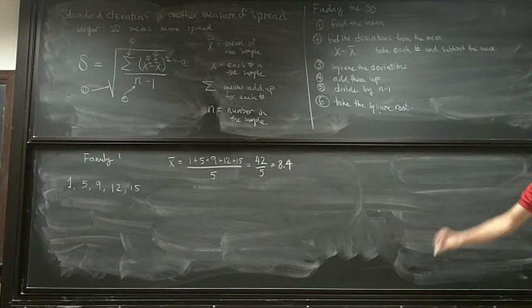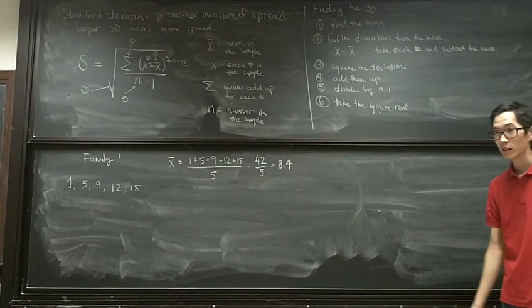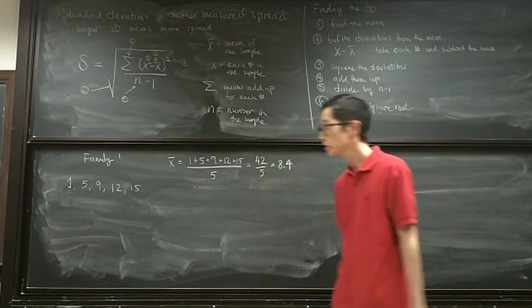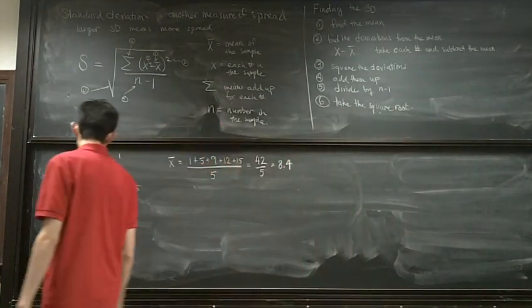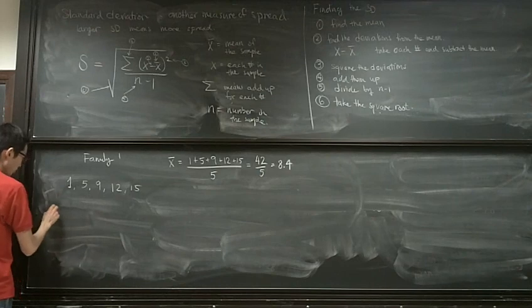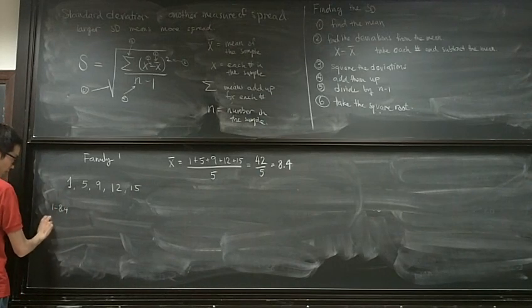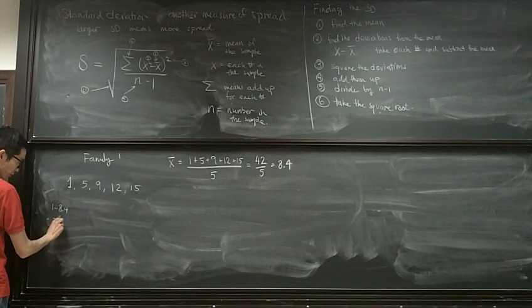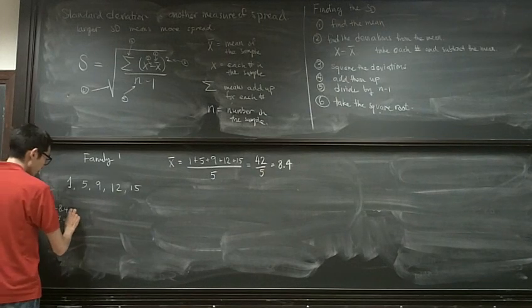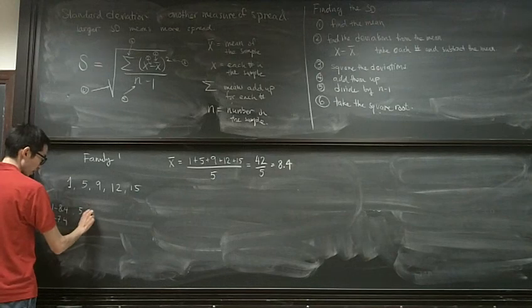So what's the next step? I'm going to subtract the mean from each number. So I'm going to do 1 minus 8.4. And what do I get? Negative 7.4. And then I do 5 minus 8.4. And what do I get?